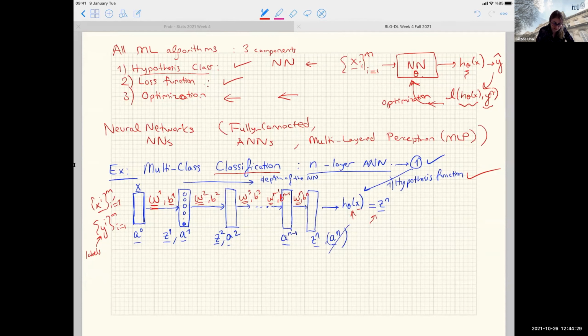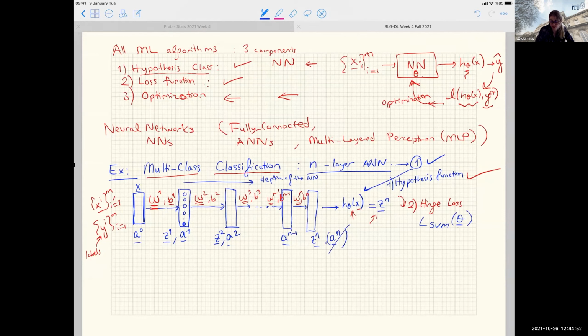Now define, for instance, I said it's a multi-class classification. I have to define the second component. For instance, let's say I want to use my hinge loss, multi-class hinge loss. Let's write this, my L_SVM, that is loss SVM, of theta.